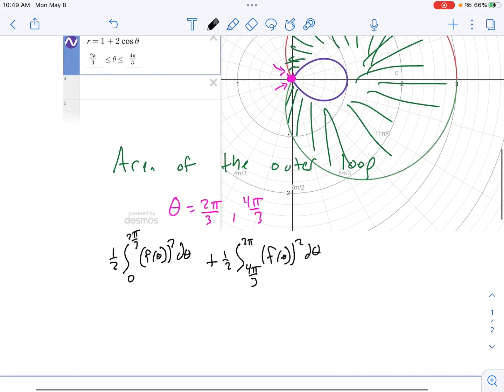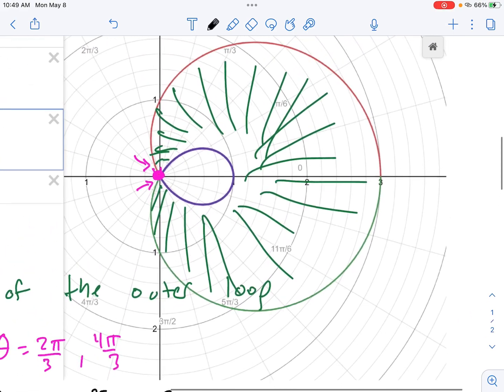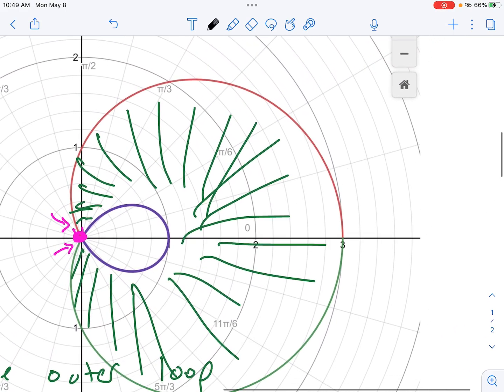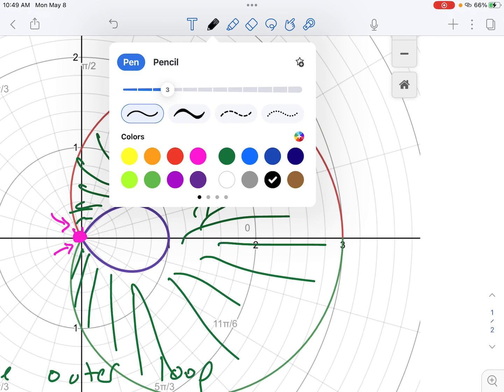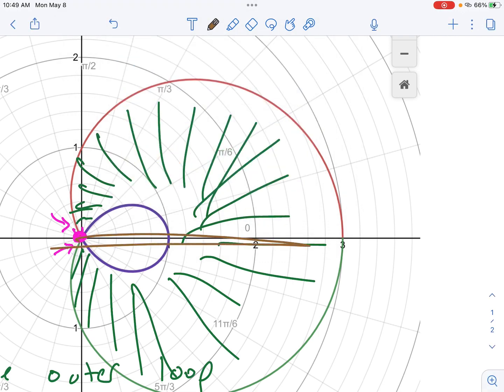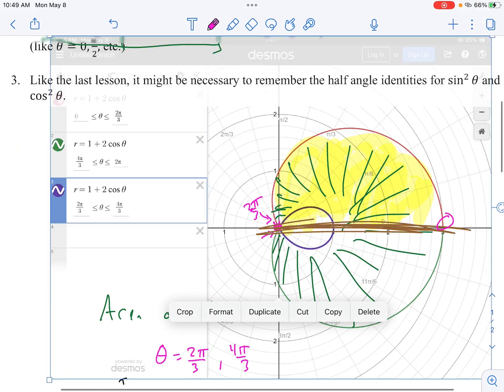Now, I do want to point out something that makes it a little bit easier. On the calculator, maybe not so much, but if you're doing a problem by hand, my goodness, let's just realize that this shape and a lot of our polar form shapes are symmetrical. So we can cut this down the middle and really just look at the top half. We only have to go from 0 to 2 pi thirds and then just double our answer, because it's going to be the same on the bottom.